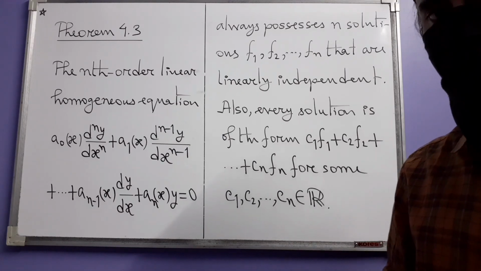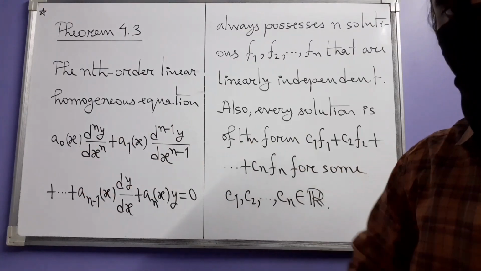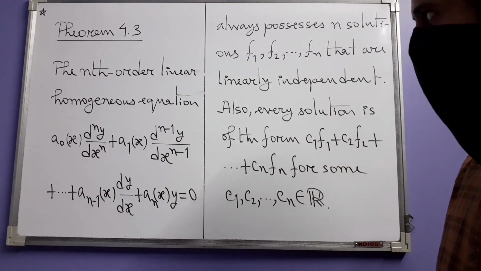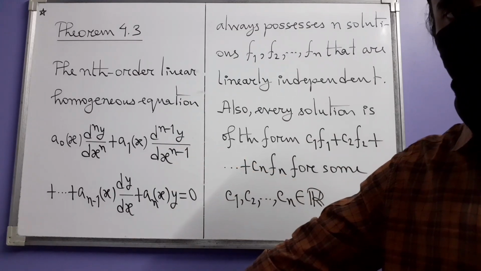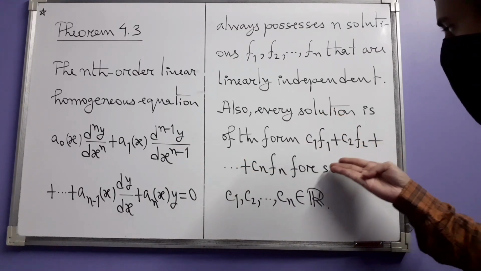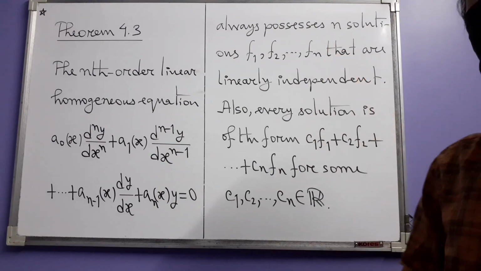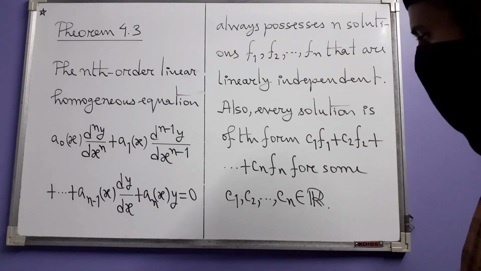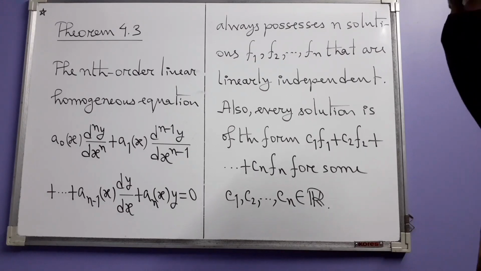Over what interval? Over some interval over which we are considering the differential equation. And also, every solution of this equation is expressible in this form as a linear combination of those n solutions, for some constants, of course, coming from the set of real numbers.